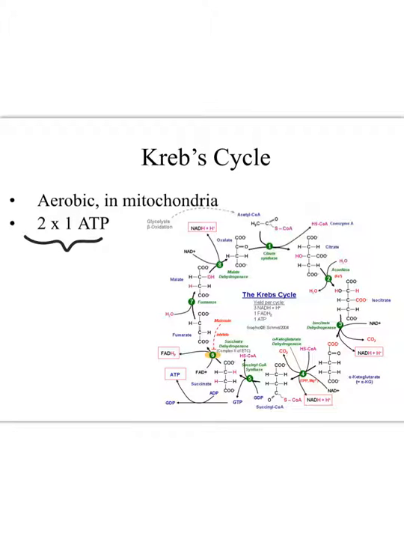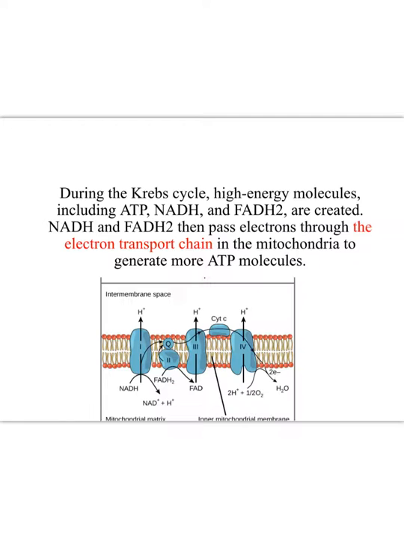And just like what you saw with glycolysis, you're going to have a unique enzyme at every step. Your ending product at the completion of 2 revolutions of the Krebs cycle is a compound known as acetyl-CoA. However, the most important product of the Krebs cycle is the production of the molecules NADH and FADH2.